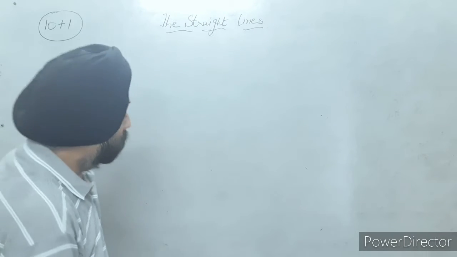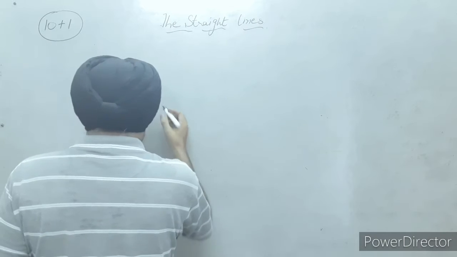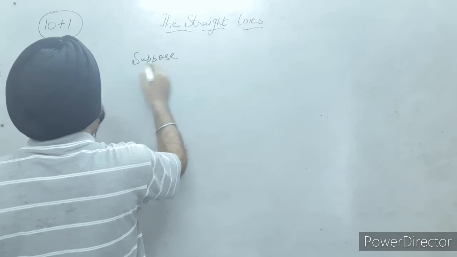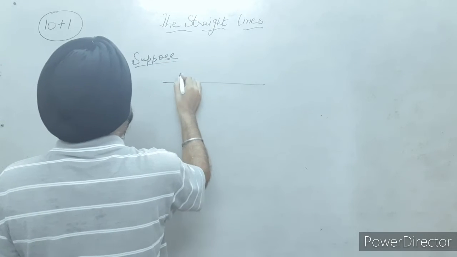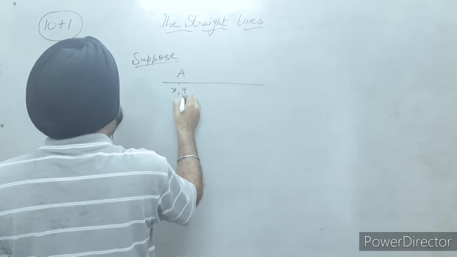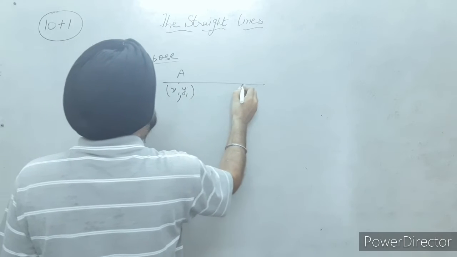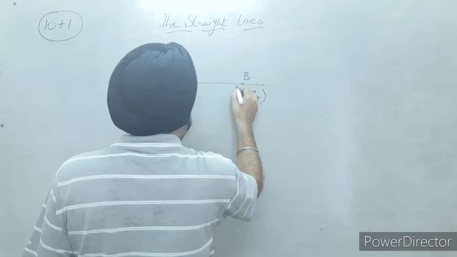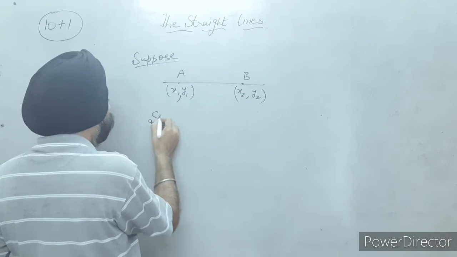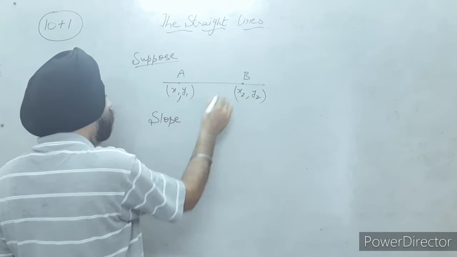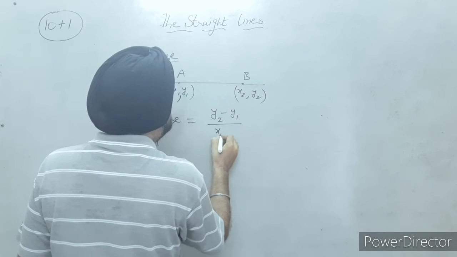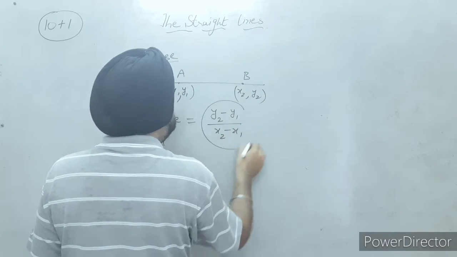Now suppose 2 points are given. Only 2 points are given. A point is say x1, y1. B point is given as x2, y2. Now how to find the slope of the line which passes through 2 points A and B? It is y2 minus y1 divided by x2 minus x1.